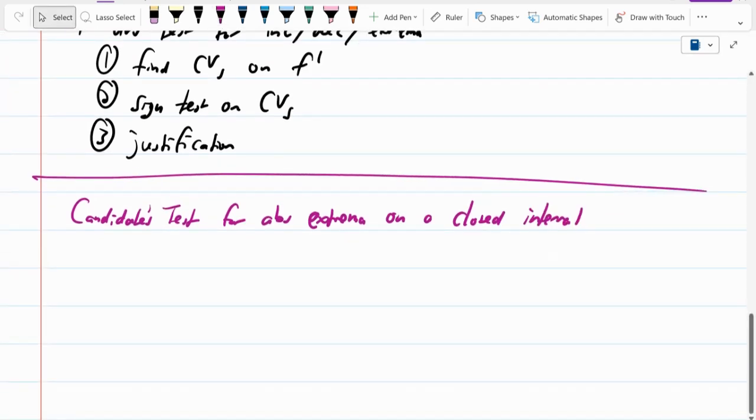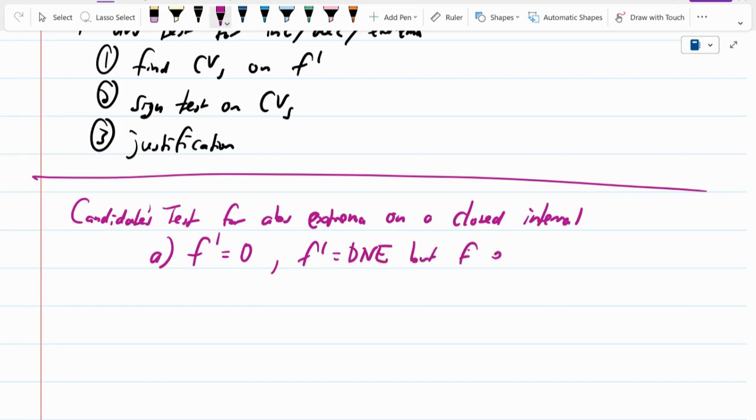And we've seen this a couple of times, but in a candidates test, we identify all possible candidates for possibly being the absolute extrema. We look at where f prime is equal to 0. We look at where f prime does not exist, but f exists, including where f prime might be infinity, but f exists.